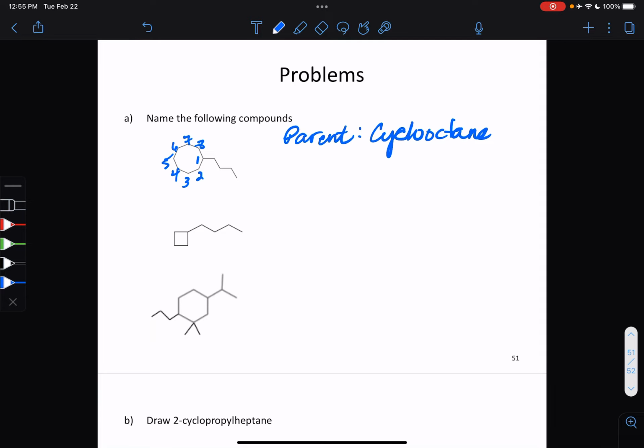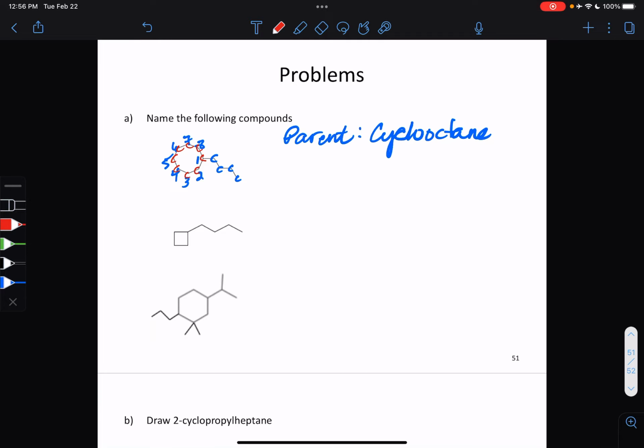So don't forget the cyclo. Now, looking at the branch, what we're going to do is put our carbons in there just so we can be sure that we've got 4 of them and not 5 of them. Now remember, my friends, you do not want to include the carbon that's part of the ring.